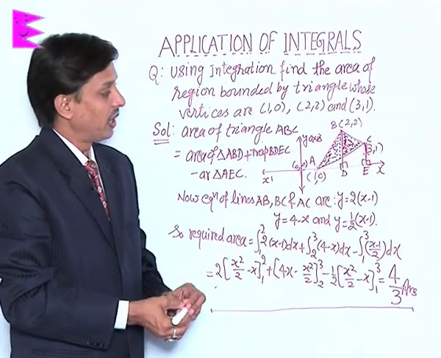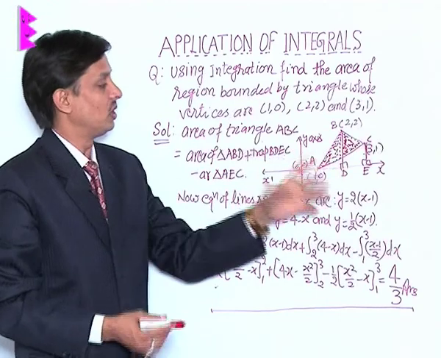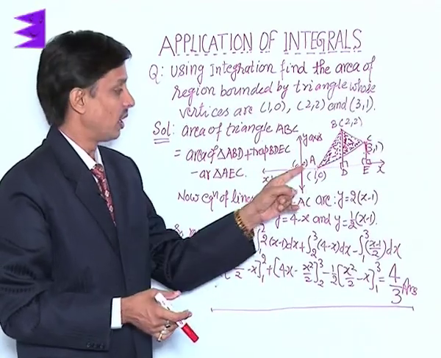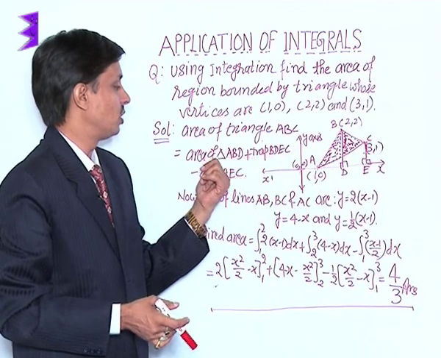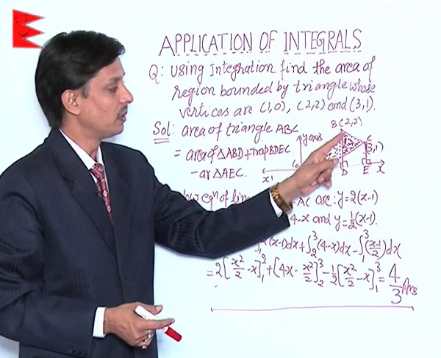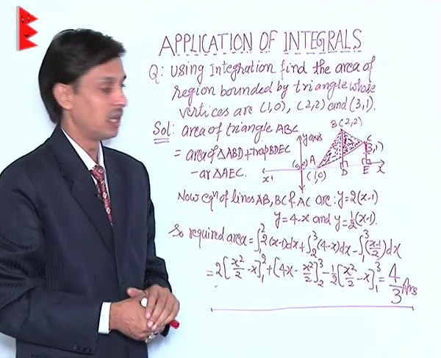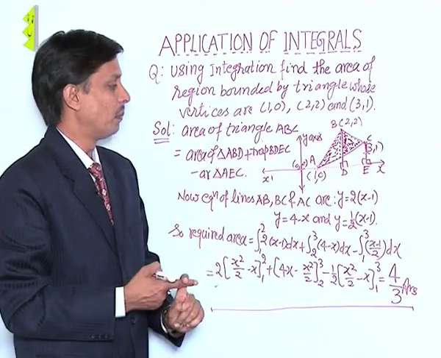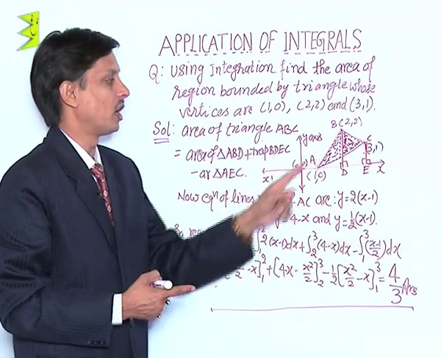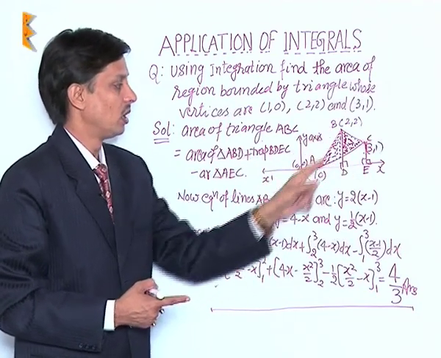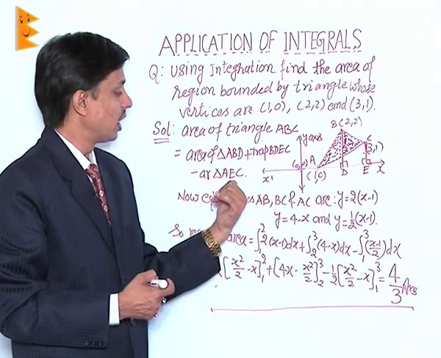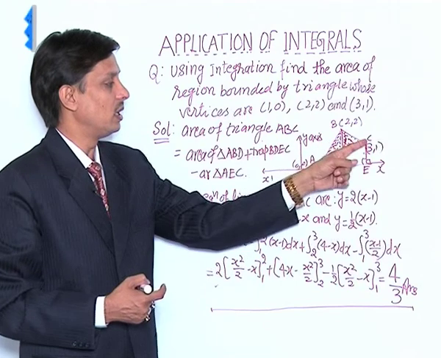Now, to obtain the area of triangle ABC, that is of the shaded part, we can say the required area of the triangle ABC is equal to the area of triangle ABD, plus the area of trapezium BDEC, minus the area of triangle AEC.